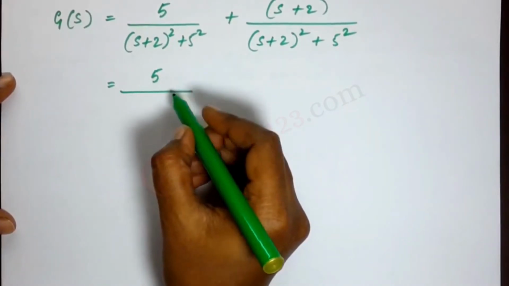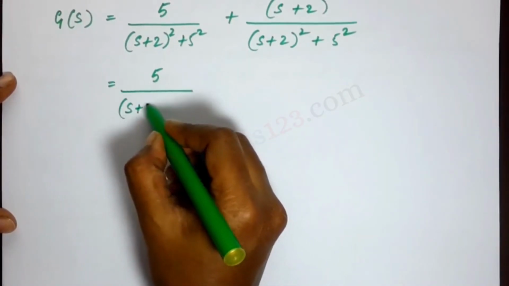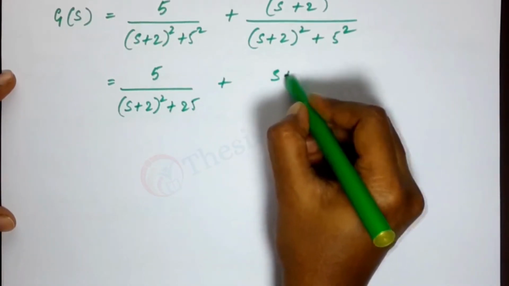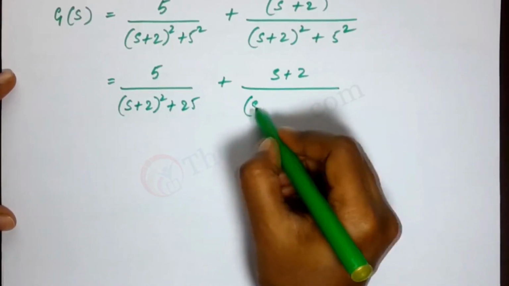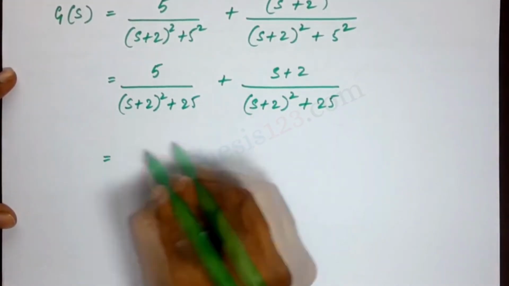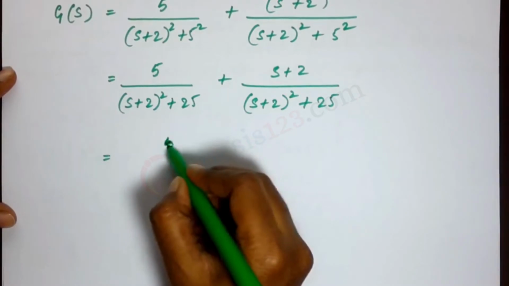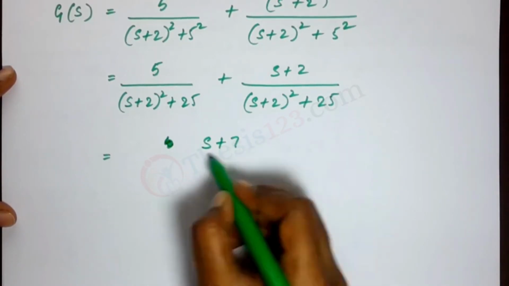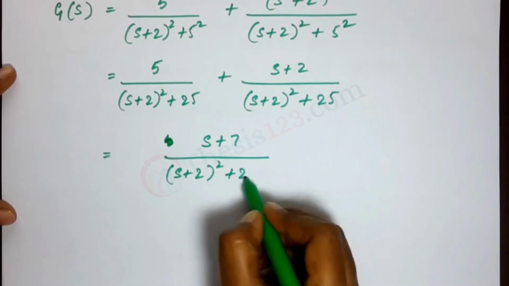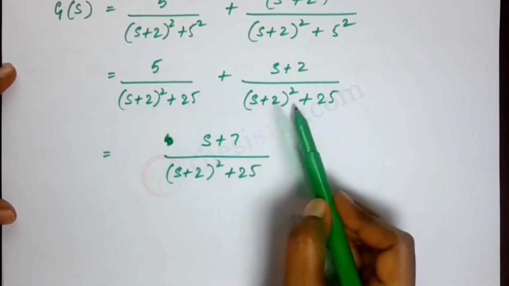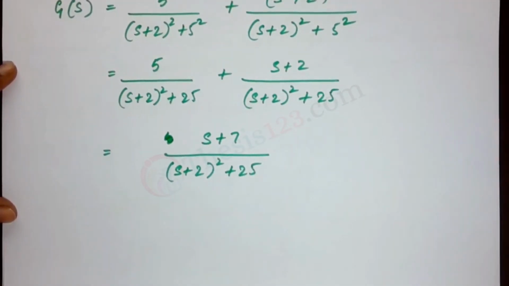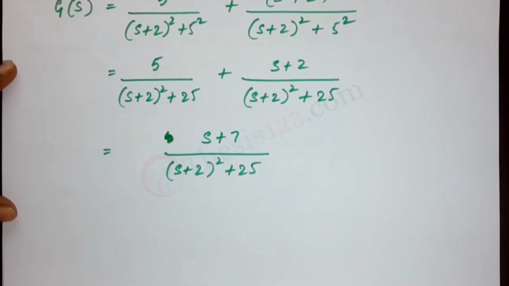We get 5 divided by (s plus 2) whole square plus 25 plus (s plus 2) divided by (s plus 2) square plus 25. This would come to (s plus 7) divided by (s plus 2) square plus 25. Since the denominators are the same, we just add the numerators. You already know that.